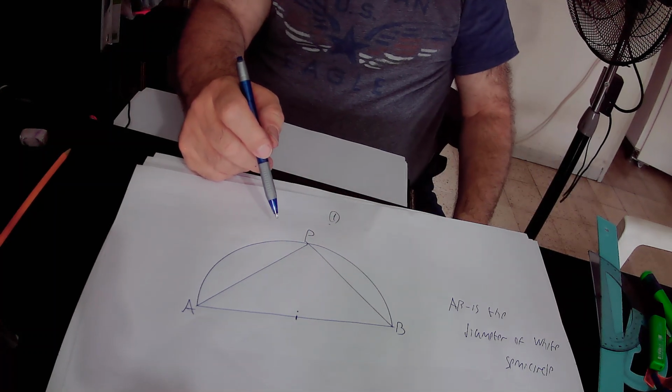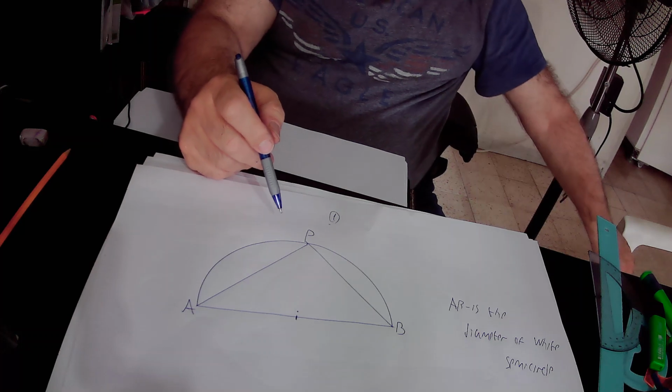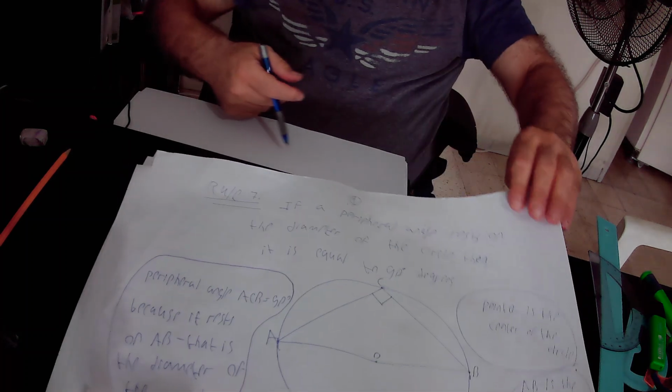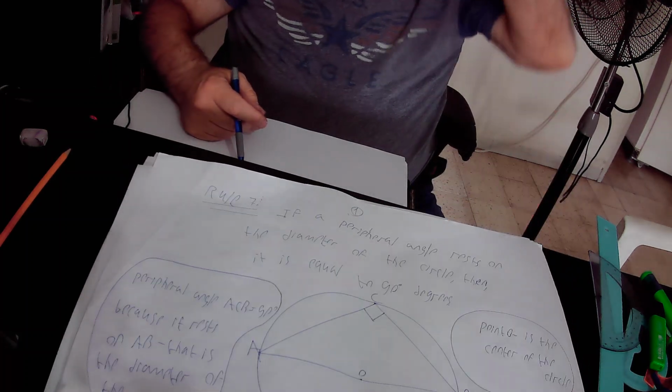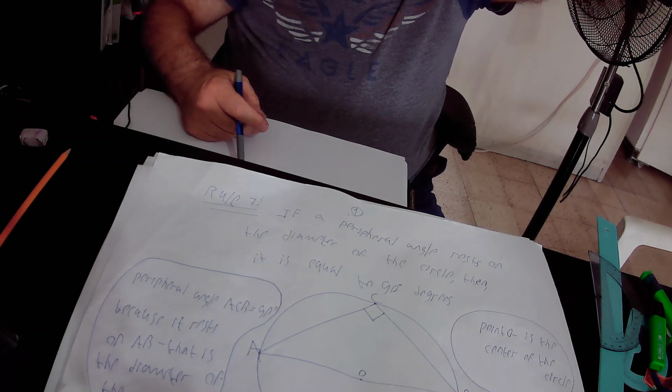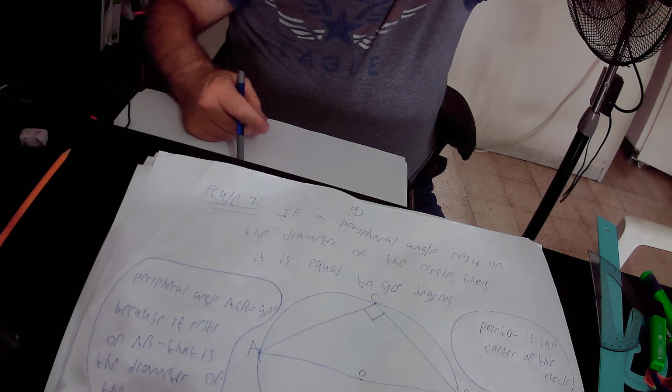Now we can implement rule 7. I'll repeat quickly rule 7. According to rule 7, if a peripheral angle subtends on the diameter of the circle, then it is equal to 90 degrees.